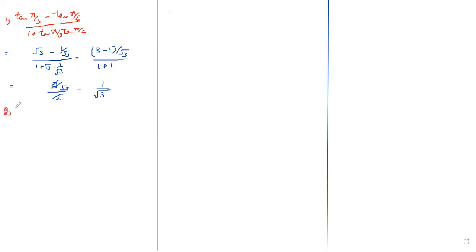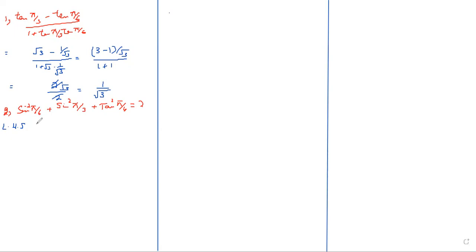We have to prove that sine square pi by 6 plus sine square pi by 3 plus tangent square pi by 4 equals 2. So we'll take the left hand side first and we put the values.